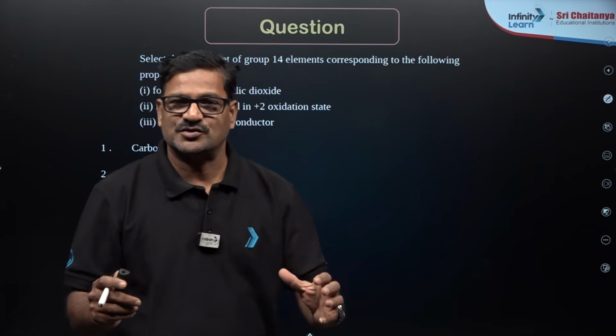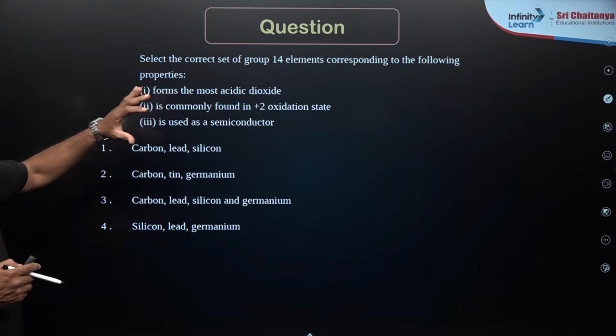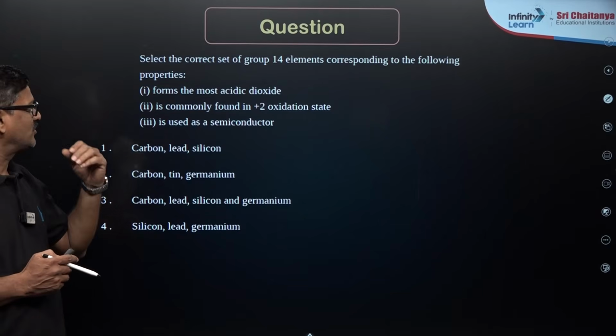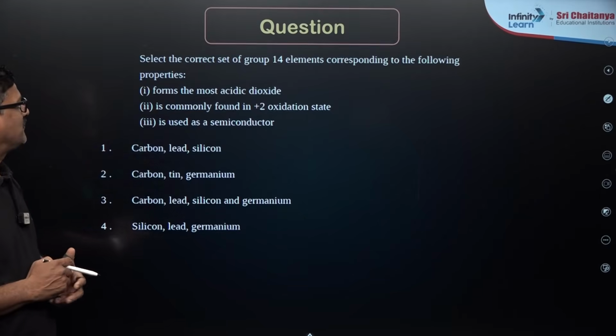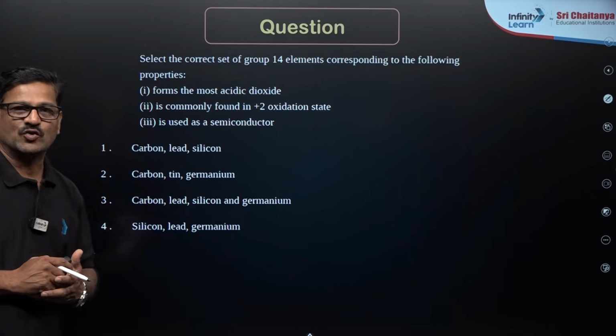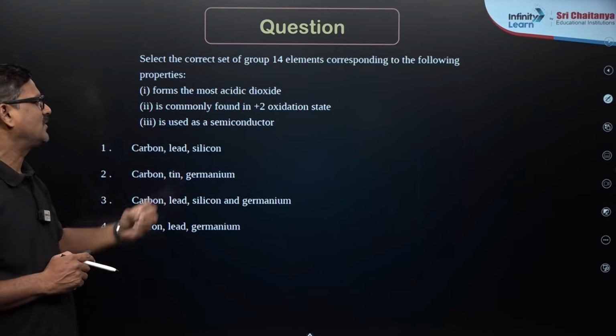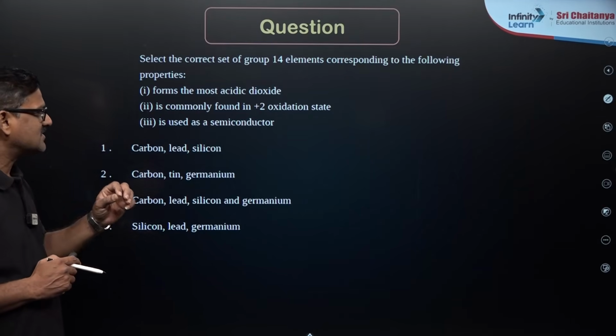Here it is a question based on the p block elements, and select the correct set of group 14 elements corresponding to the following properties. They form most acidic dioxide. This is all given in group 14 only, and it is commonly found in +2 oxidation state, used as a semiconductor.